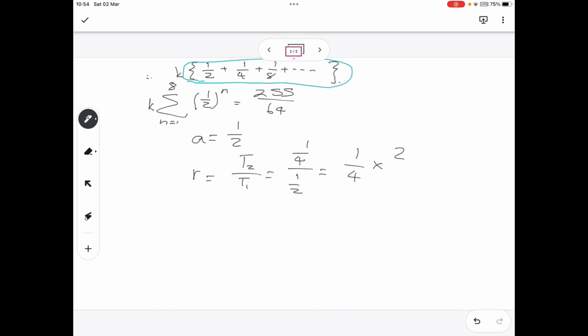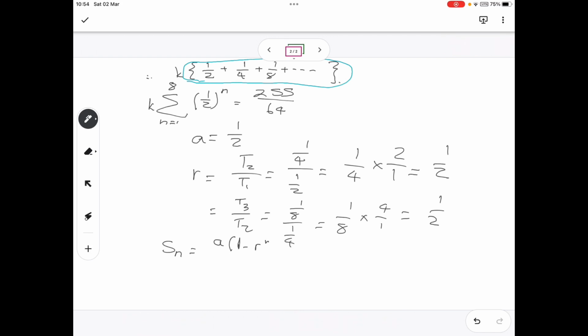Remember the rules for dividing fractions by fractions. It's 1 over 4 times 2 over 1, and that gives us a half. And that's the same as T3 over T2, which is 1 over 8 divided by 1 over 4, which is 1 over 8 times 4 over 1, which is 1 over 2.